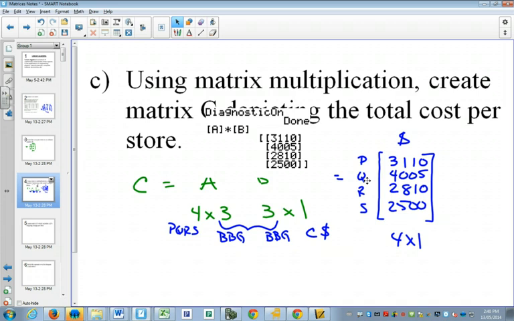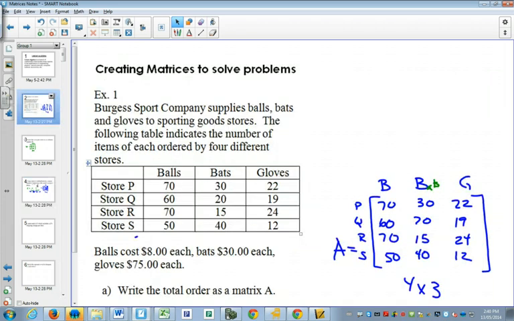If we go back to the first question, right? How would you do this before? You would have done store P, 70 times 8, plus 30 times 30, plus 75 times 22, and added them all up to find a total cost. You would have done that for every single store. It's not hard math to figure out what the total cost would have been for every single store.